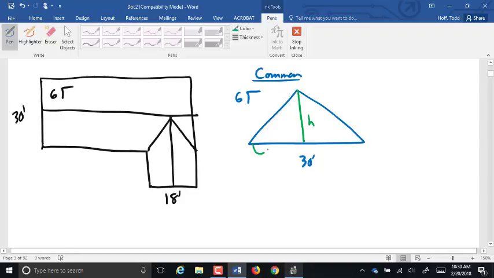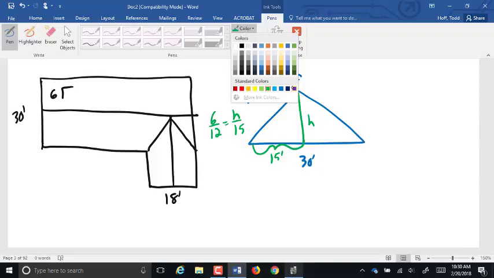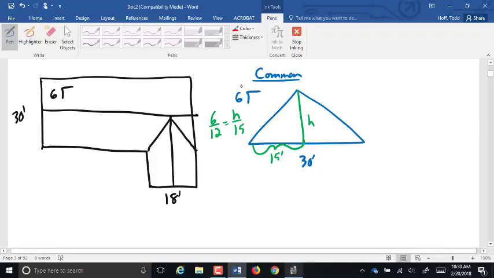We're looking for the height. The run is half of the span, 15 feet. 6 over 12 equals h over 15. This is an example, so it's not one that's actually on the quiz. So we've got 6 times 15 divided by 12 gives us h is 7.5 feet.